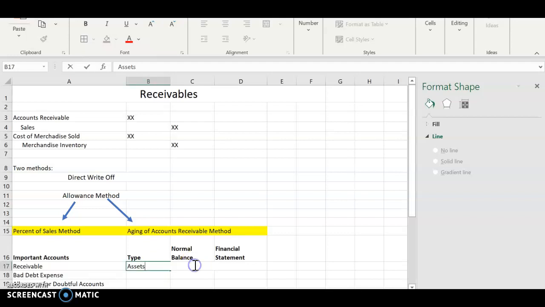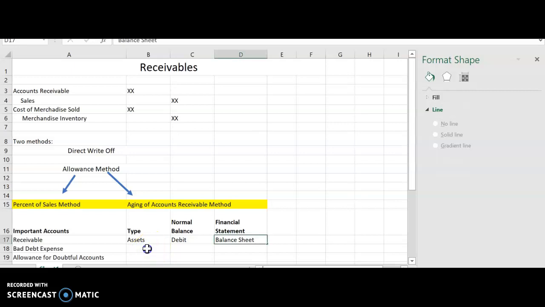And the normal balance of an asset, any asset, is a debit, and assets are found on the balance sheet. Another important account is the bad debt expense, which is an expense, and the normal balance is a debit, and the financial statement would be the income statement.